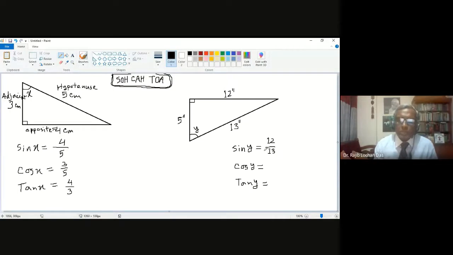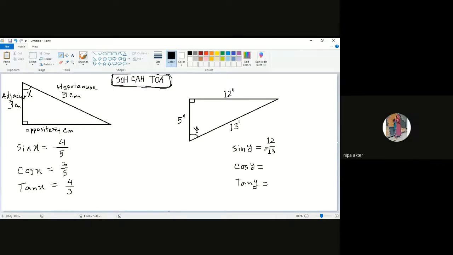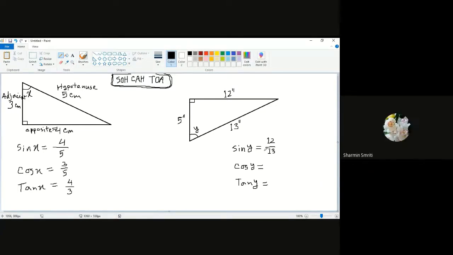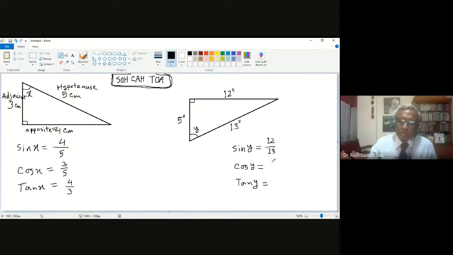Now think about cos y. What is cos y? Sir, 5 divided by 12. Hypotenuse is 12? No, sir, 13. Okay, so you will write cos y will be 5 divided by 13, because adjacent divided by hypotenuse. Do you understand now?